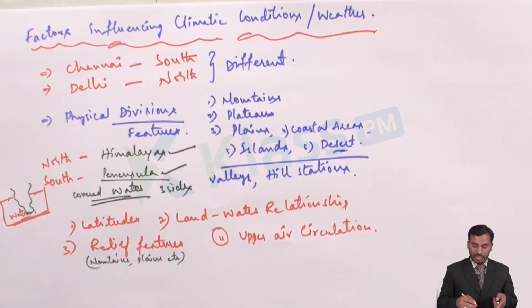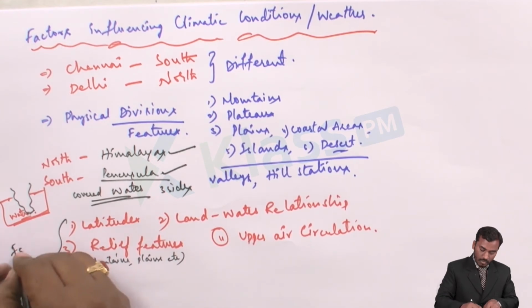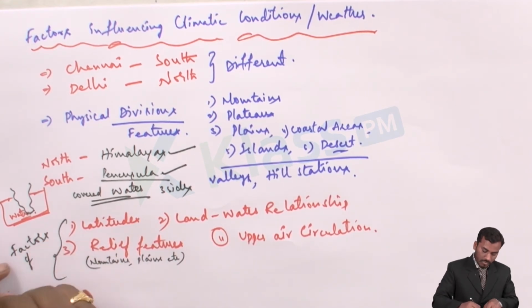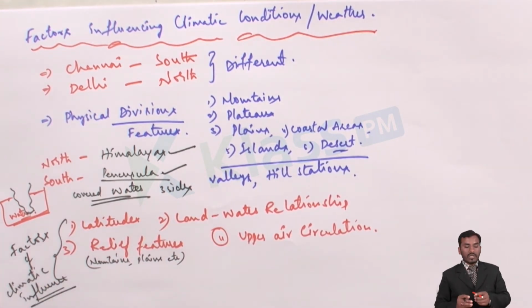And last but not the least, the fourth one is upper air circulation. These are the factors which influence the climatic conditions of a place.